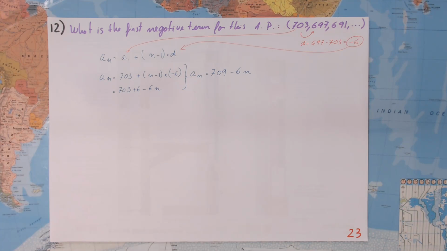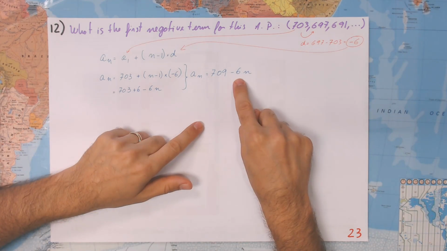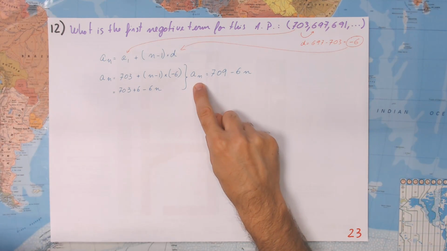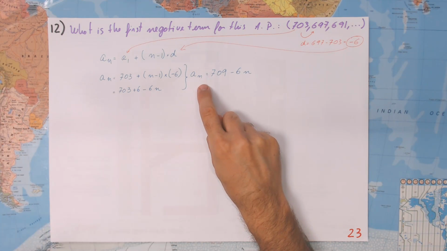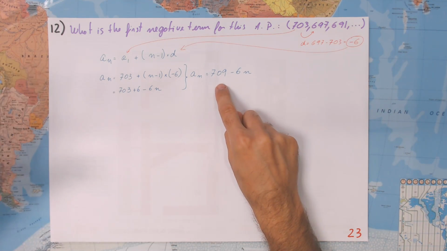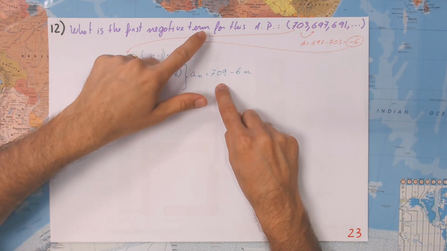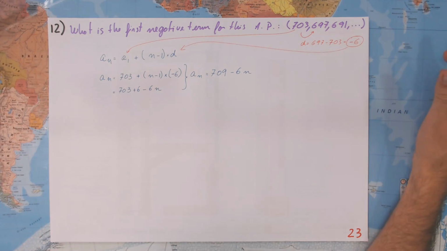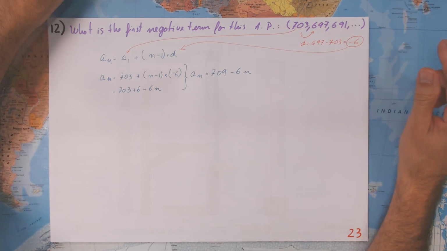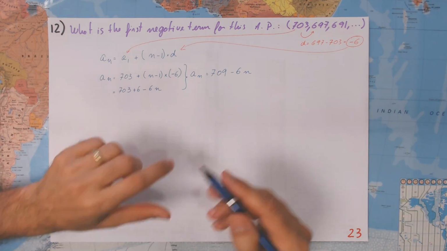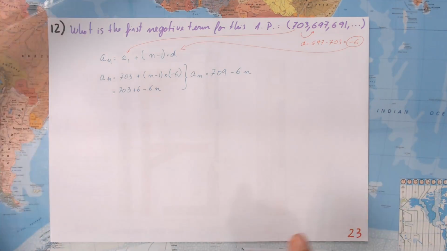Now, let's think for a minute. What do we have in here? We have an expression for AN, and we want to know the first negative term. Well, this negative term is going to be some A sub n, right? Therefore, what we actually want in here is this.